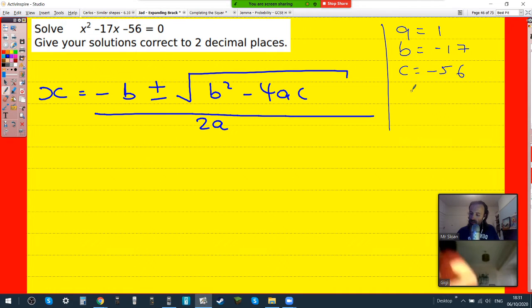Wait a second, I can't see my calculator. Minus 17. Oh no, it'll be plus 17.